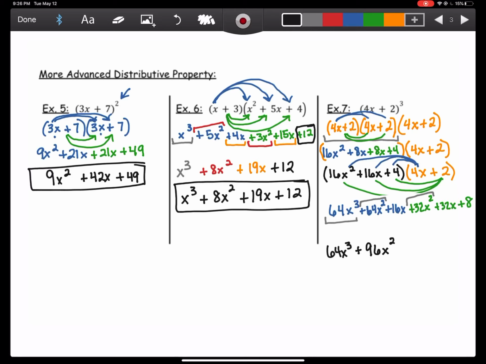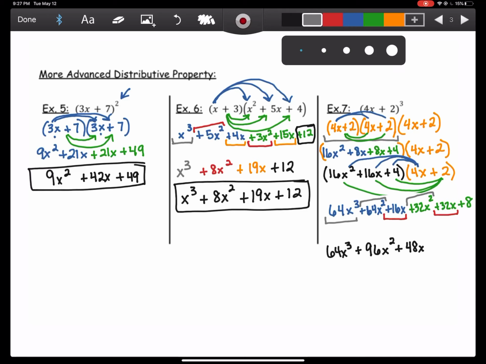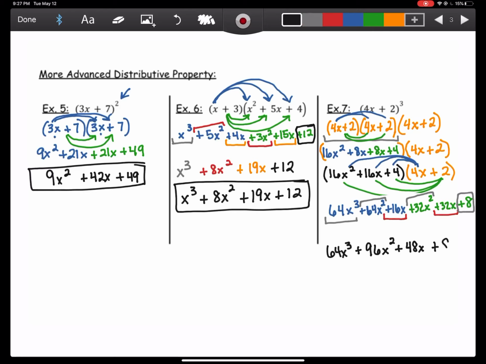And then we have, I'll use red for this one, positive 16x and positive 32x. So that gives us positive 48x. And the very last part is this positive 8, which is our constant. This is done.